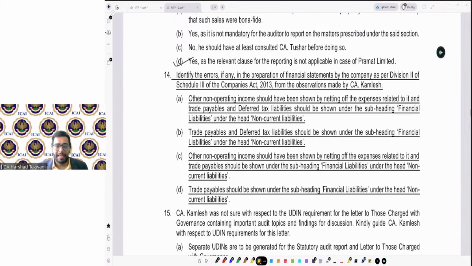If there is an incorrect reporting in the financial statement, what is the correct way of reporting?